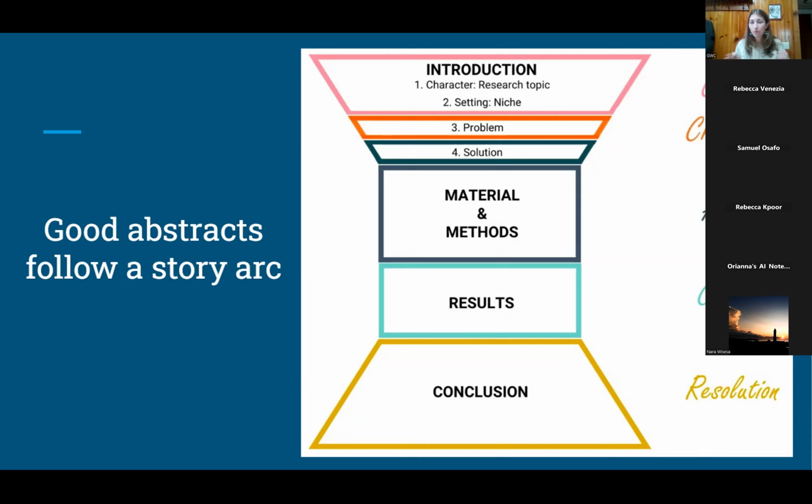So, what happened, what major results came out of this experiment or the study or surveys or whatever you're doing. And then a resolution. That resolution is the main conclusion of your article and how it generally fits back into your field.